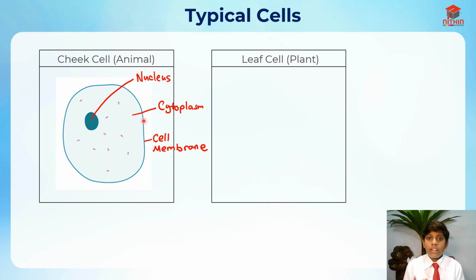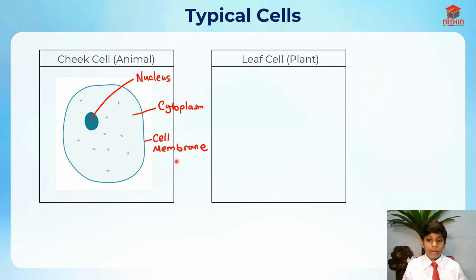Another function of the cytoplasm is that it is a jelly-like substance, you can call it the jelly pool, whereby all the cell parts, the nucleus and the other cell parts that are not in the syllabus, move around freely. So the cytoplasm allows them to move around freely.